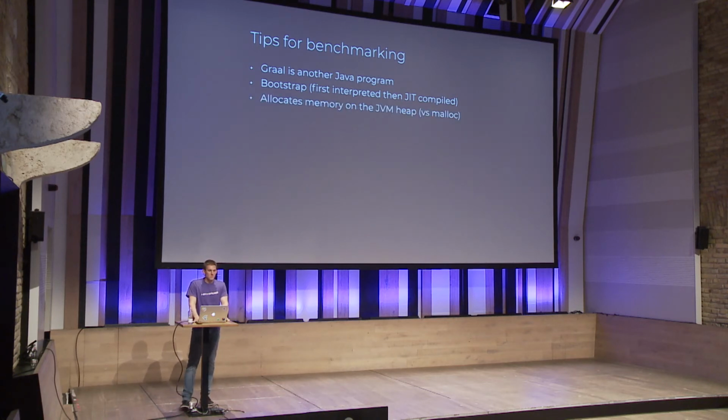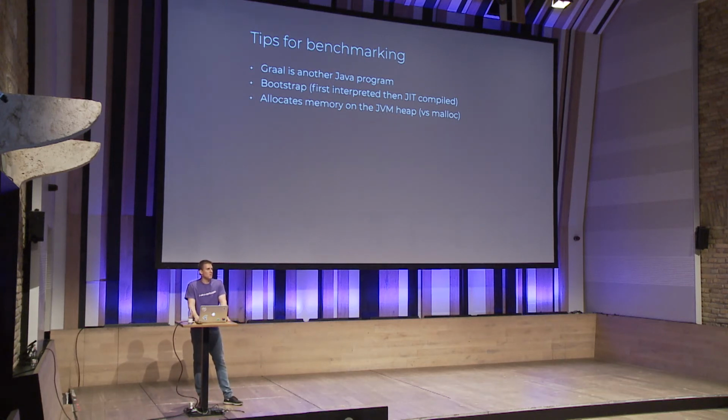Also, the Graal compiler is allocating memory on the JVM heap. If we are using some profilers, you will see a slightly increased heap usage, but this doesn't mean that your whole application is going to use more memory. It just means that the Graal compiler is allocating memory on the JVM heap.